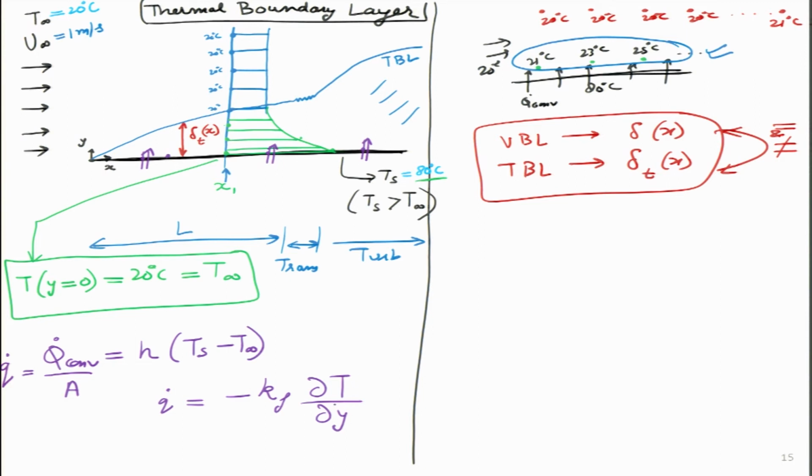Are we seeing del T by del y anywhere in this particular curve on the top? This is the gradient of temperature as a function of y. If somebody asks me, I will say this is exactly this particular slope over here. The only thing is the axes are changed. Here I am showing T in this direction, and y over here. Usually for slope we always take dy by dx, but here T is over here and y is over there.